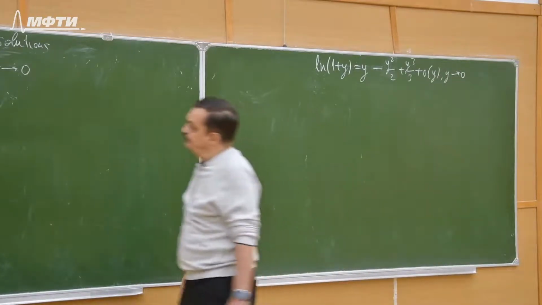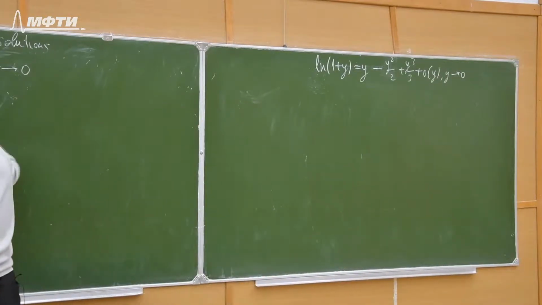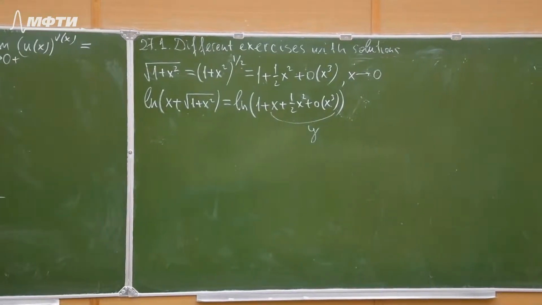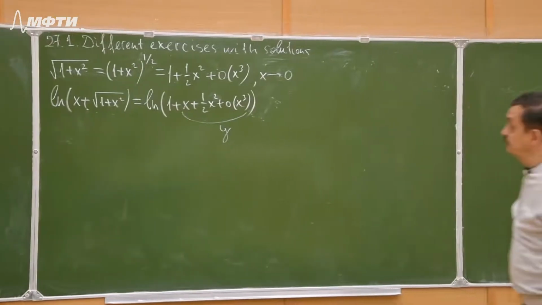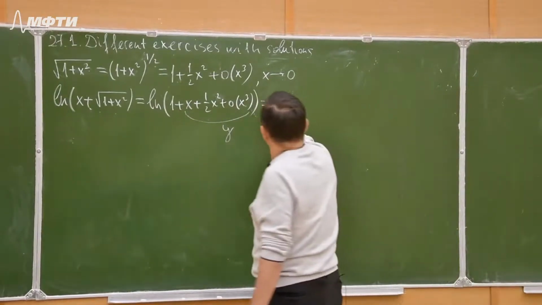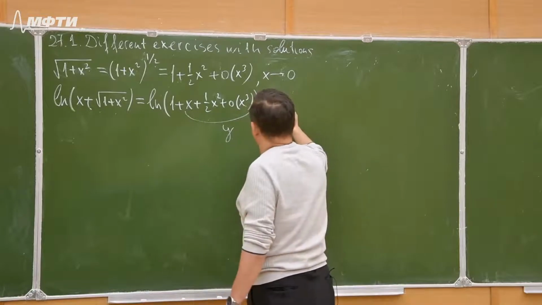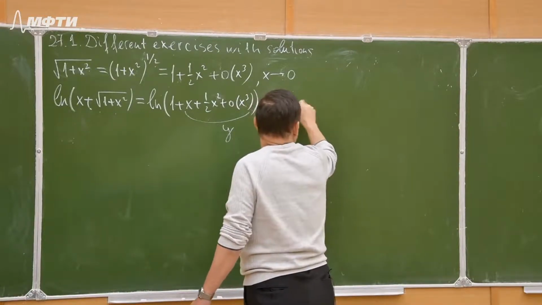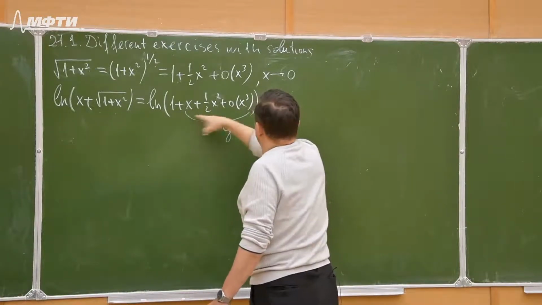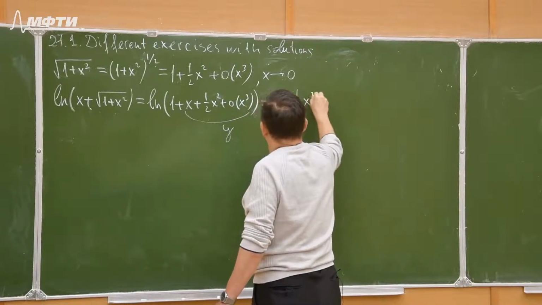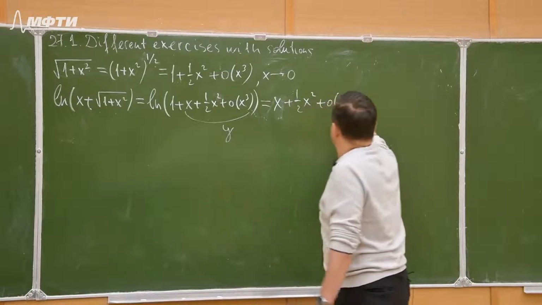So that is y now. And if we substitute, what do we obtain? This y is x plus 1/2 x squared plus little o of x cubed.